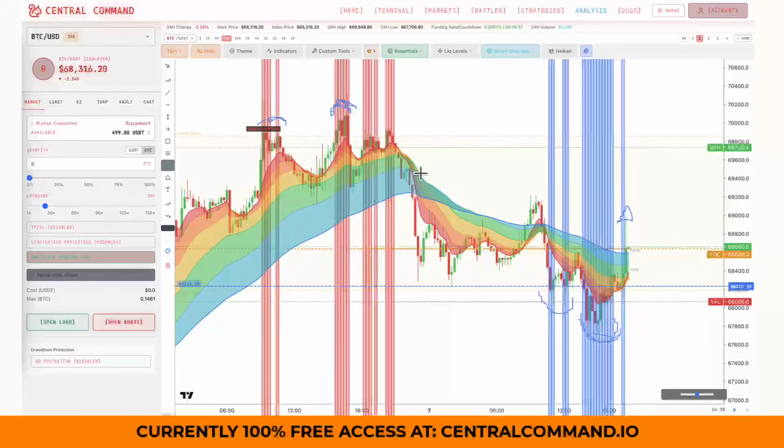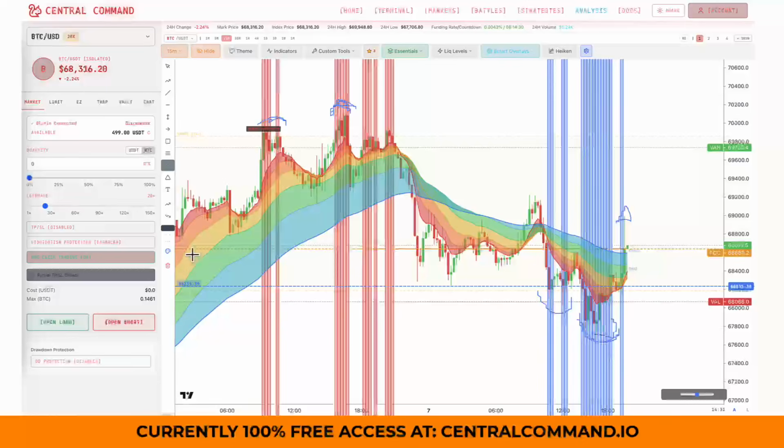But basically it's just a visual guideline so that you know when to start paying attention. After it's been going up for so much, once it starts turning red, you don't want to be FOMO longing this, and instead you want to be looking for a potential reversal, right?